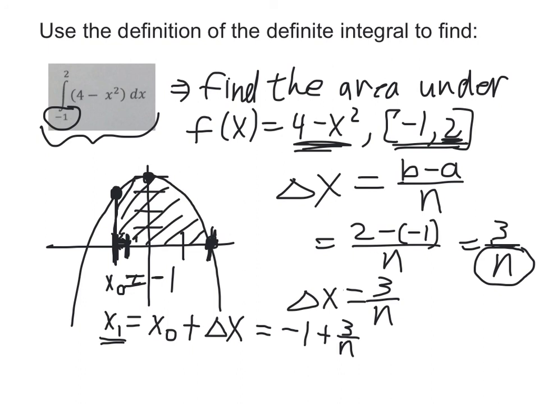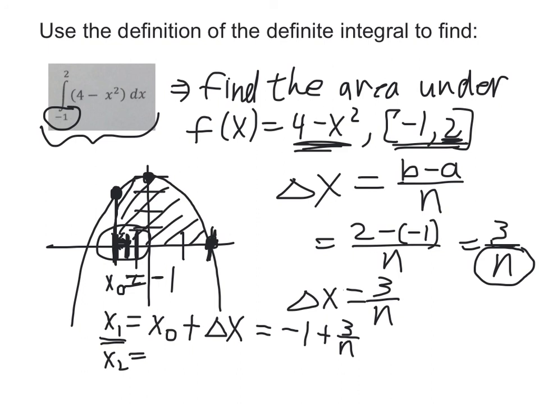Then as we move over, now definitely in general terms this is not to scale here. It looks like we're almost to 0 already, but it's going to be really, really tiny. But in general, x sub 2 will be what? Okay, we could say x sub 1 plus delta x.